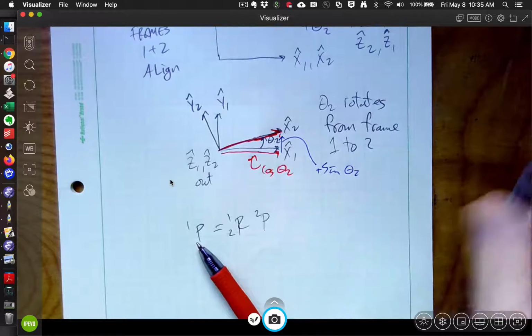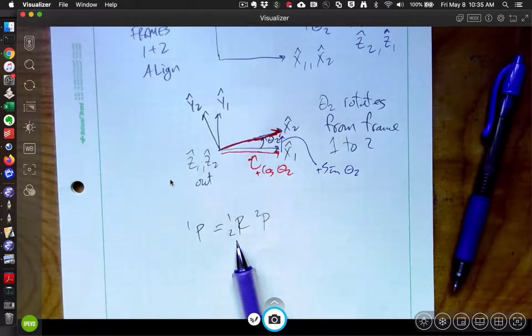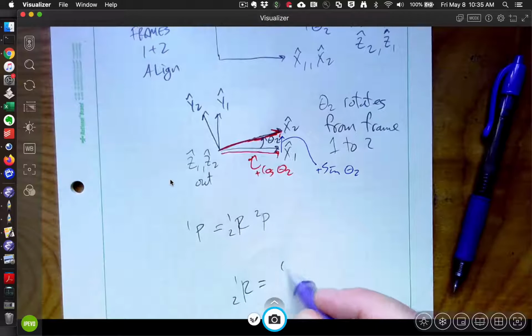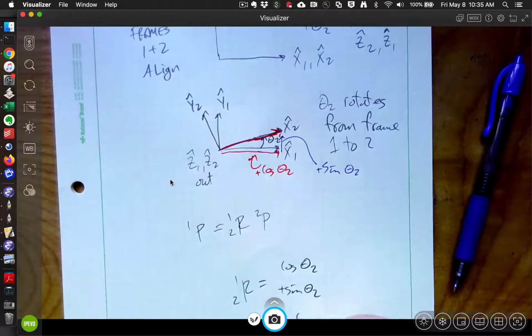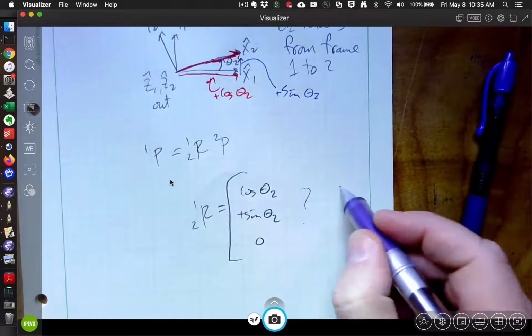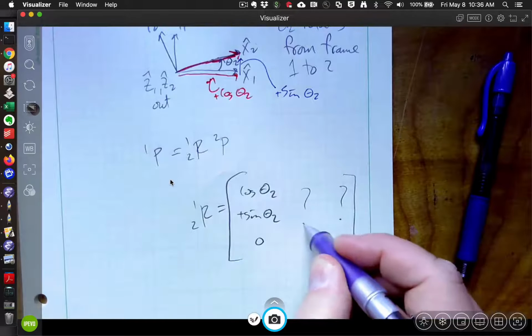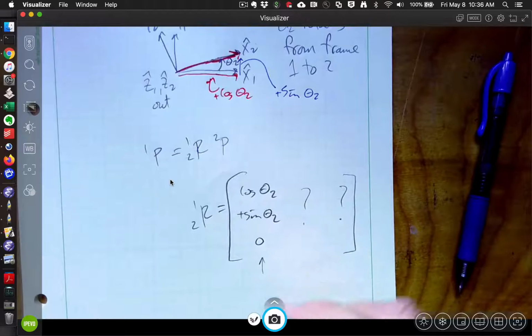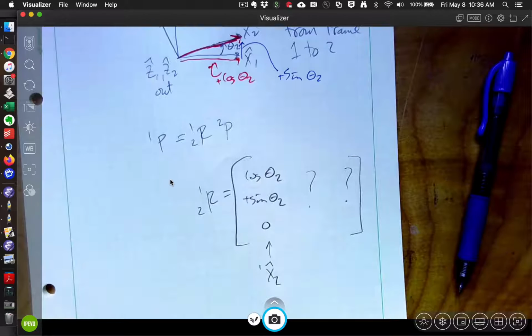So I know that the first column of R12 has to contain all positive numbers, and specifically cosine theta 2, positive sine theta 2, 0 is the first column. Now I haven't yet talked about, and won't talk about in this video, what the next two columns are, but this is x2 hat expressed in frame 1.